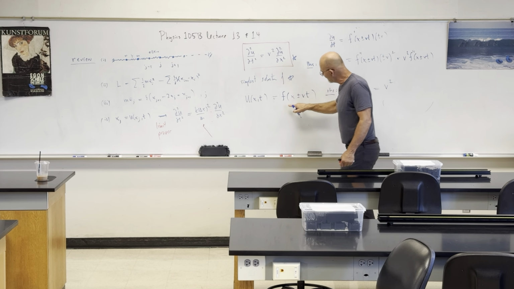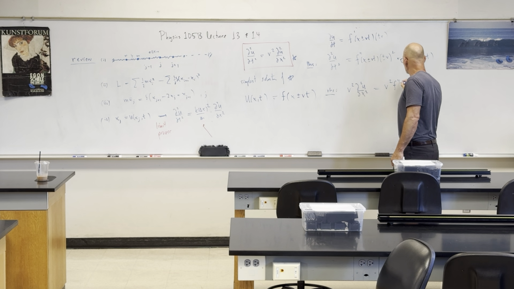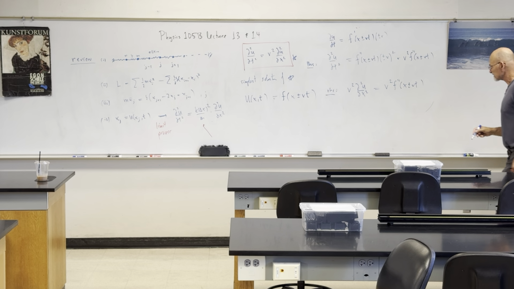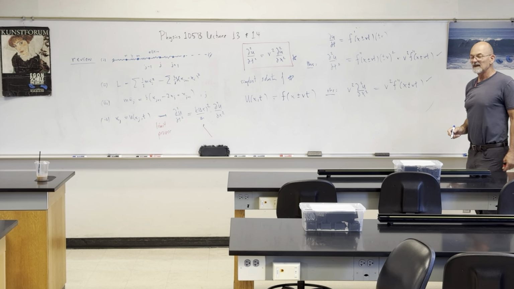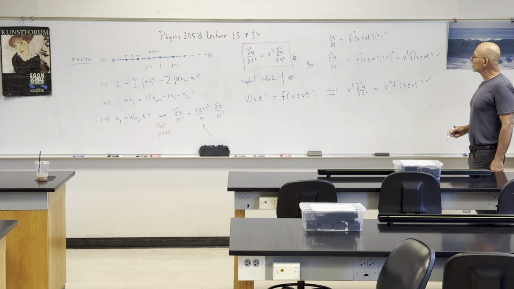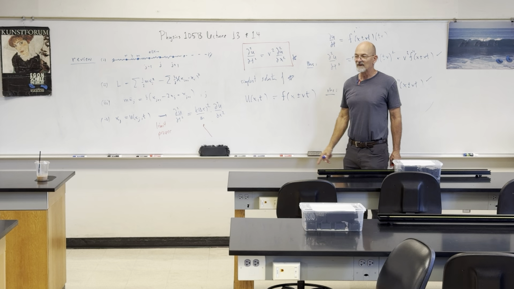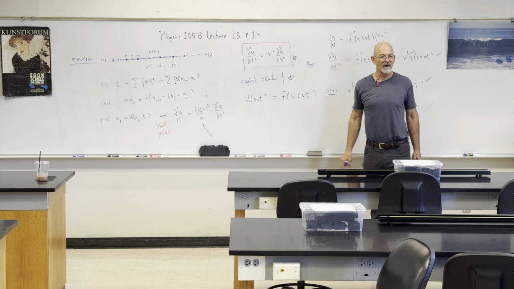Two space derivatives are just f double prime of x plus or minus vt. So I can put a check mark beside both of these. They're equal, and that's what it means to be a solution of the wave equation. So I just proved that any function of this form is a solution of the wave equation.